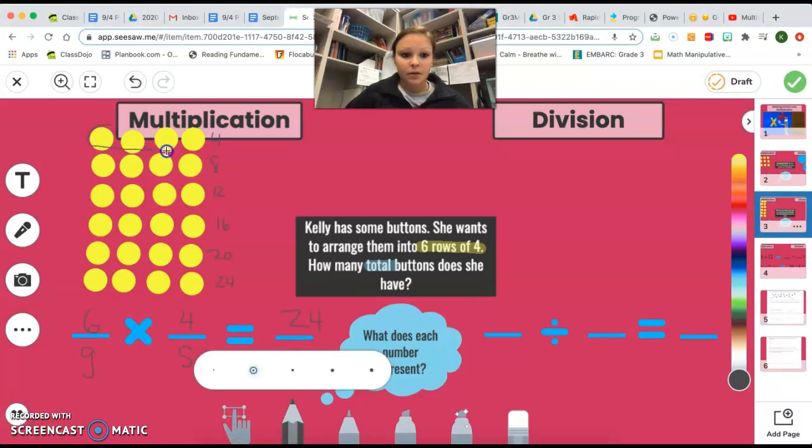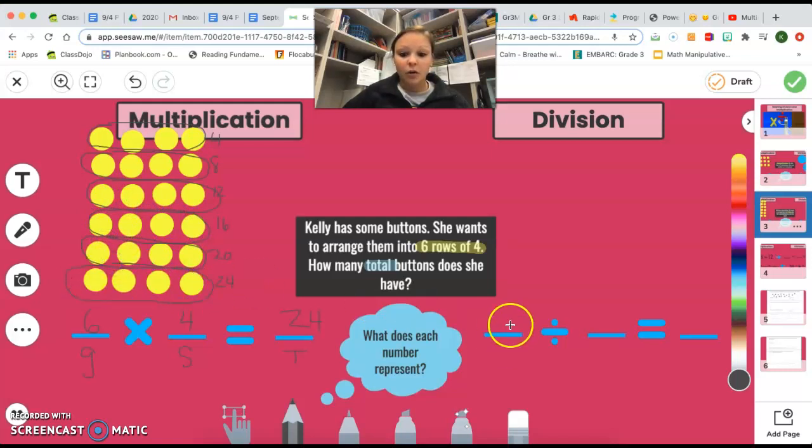So here's a group, here's a group, here's a group, here's a group, here's a group, and here's a group. So we already knew the total was 24. We divided them into 6 groups, and we know that there are 4 in each group.